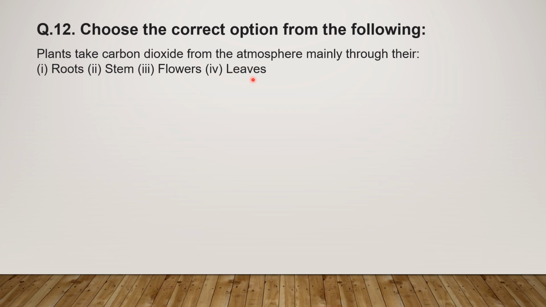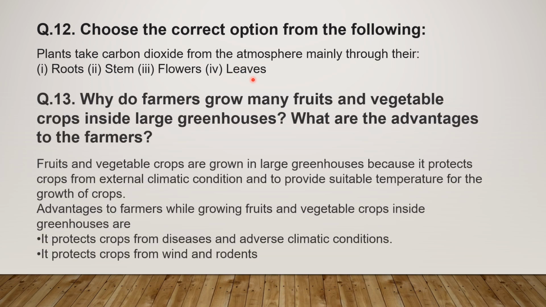Now we will see question number 13. Why do farmers grow many fruits and vegetable crops inside large greenhouses? What are the advantages to the farmers? Have you seen these greenhouses for plants and crops? They look like a shed with a green net, like a house, and all the crops are kept under this house.